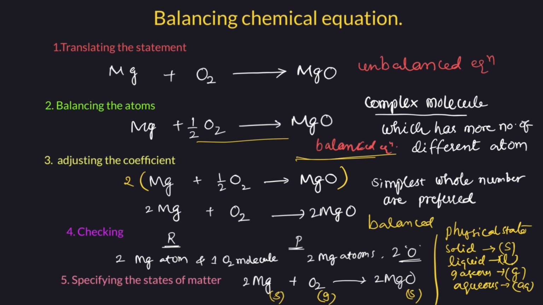Another one is also there, that is called thermochemical equation. So thermochemical equation meaning, what is a thermochemical equation? A completely balanced equation represented with its heat energy.